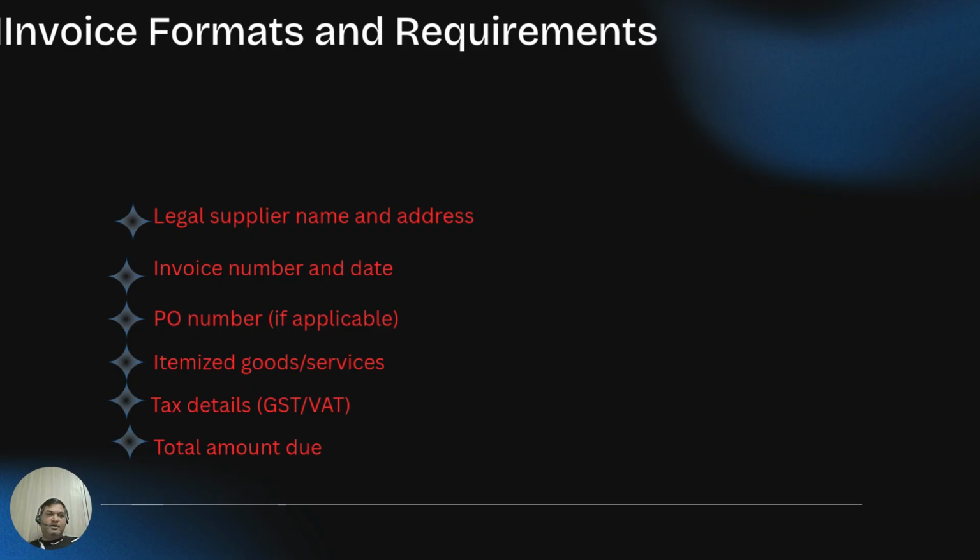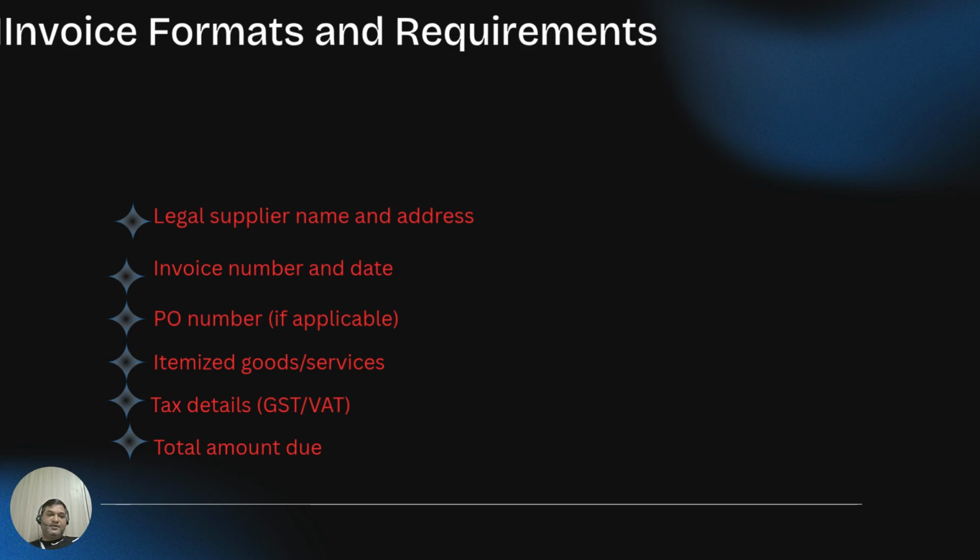Now we'll talk about invoice format and the basic requirements. Some of the important information which needs to be mentioned on the invoices: legal supplier name and address. If this information is not there, the invoice is not considered compliant. The second is the invoice number and invoice date, and the PO number, in case applicable.